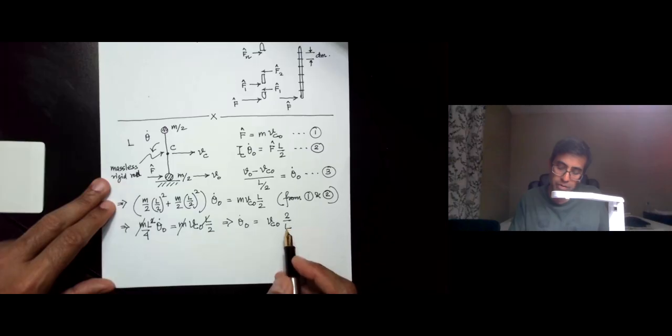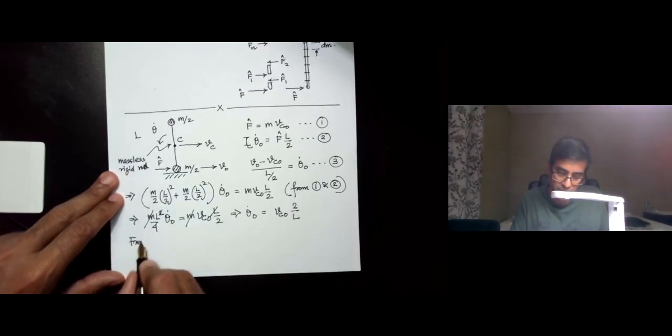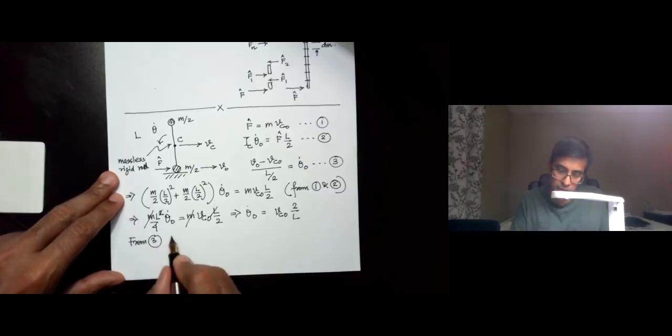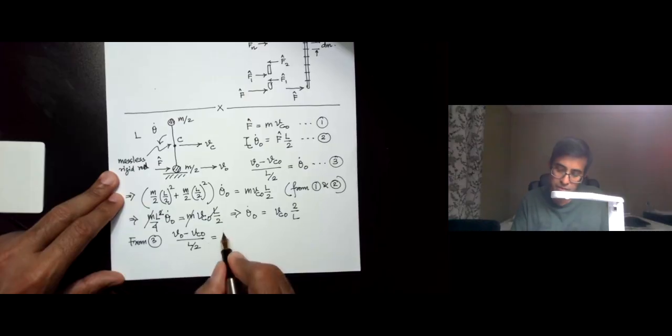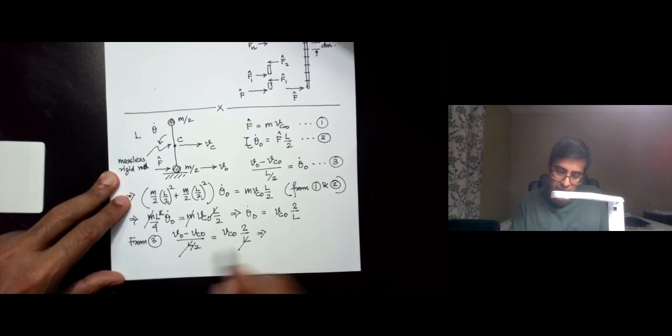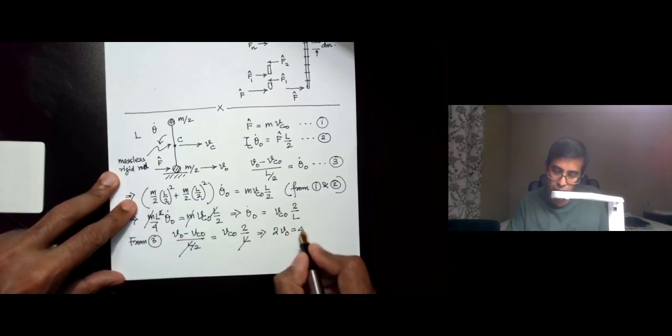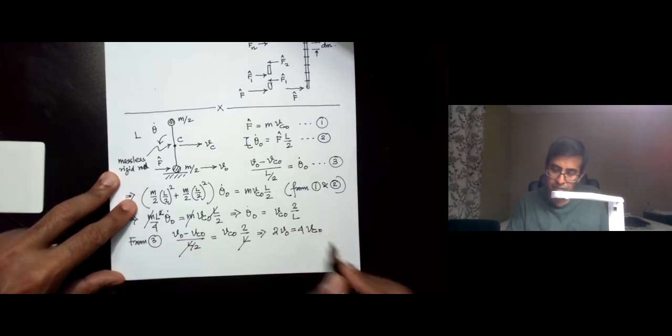Then what we are going to do is substitute this. So from equation 3, we have (V naught minus Vc naught) divided by L by 2 equal to Vc naught times 2 divided by L. I'm going to cancel L from the two sides, and 2 goes to the numerator, so we have 2 V naught equal to 4 Vc naught.